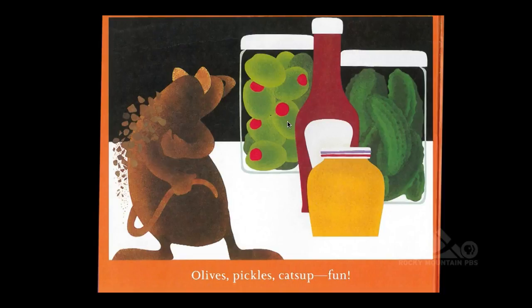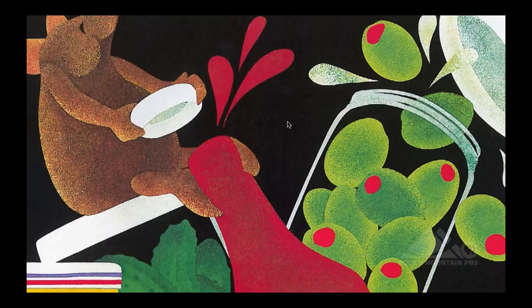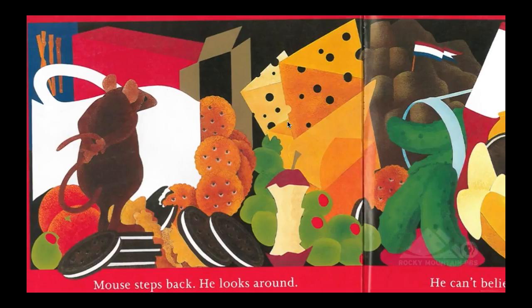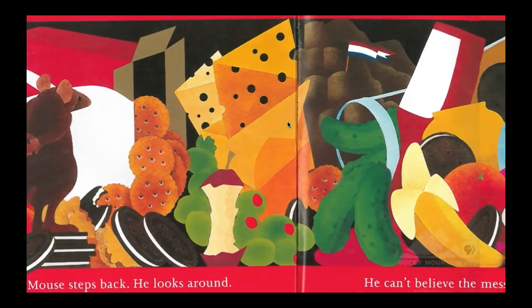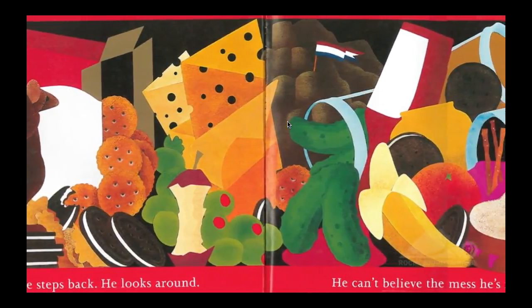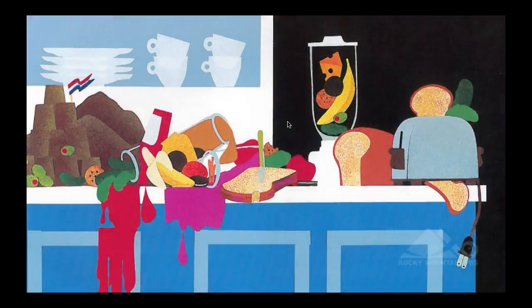Olives, pickles, ketchup, fun. Boop, pop the tops off, one by one. Mouse steps back. He looks around. He can't believe the mess he's found. Who made this awful mess? Asked Mouse. These people need to clean this house.